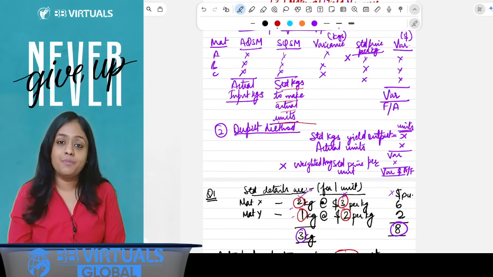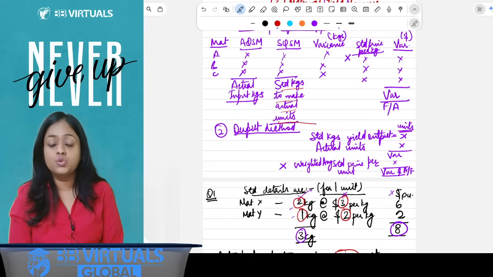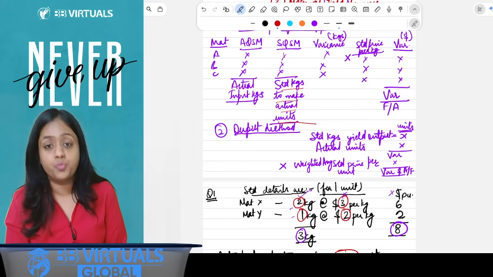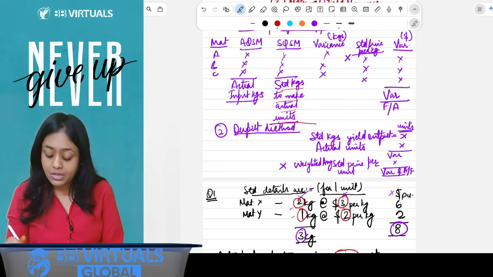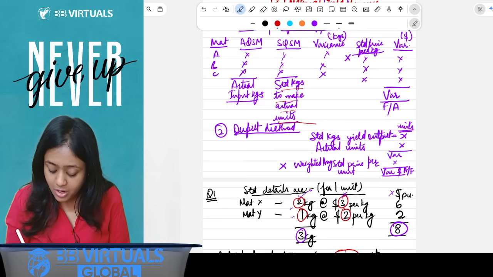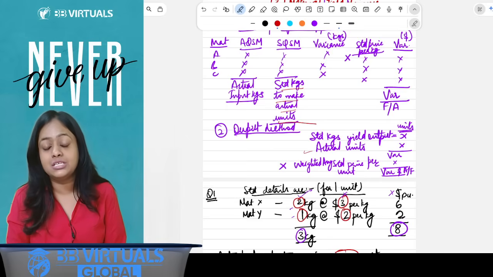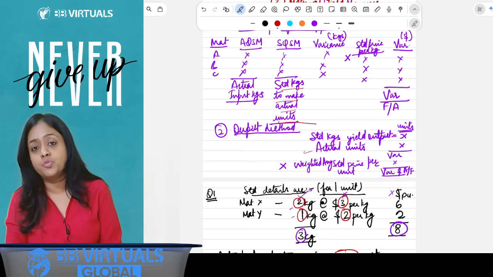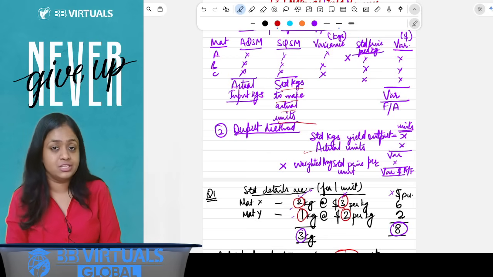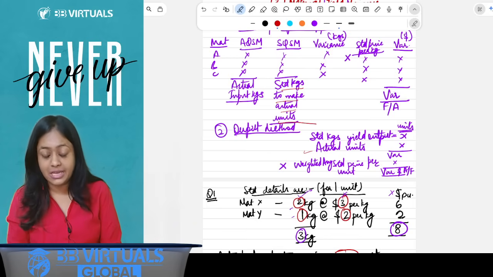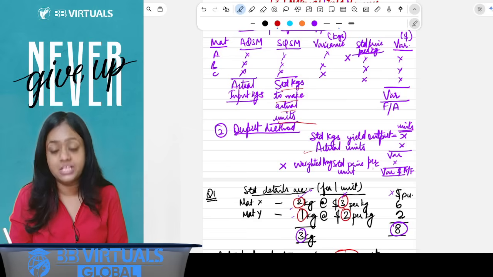And there is one more method for yield variance that we can use to calculate the variances, that is the output method. Like I told you, you will compare your actual output with the output that the standard kgs can yield. So how much output we can have based on the standard kgs, that we will calculate, and then multiply it with standard price per kg.